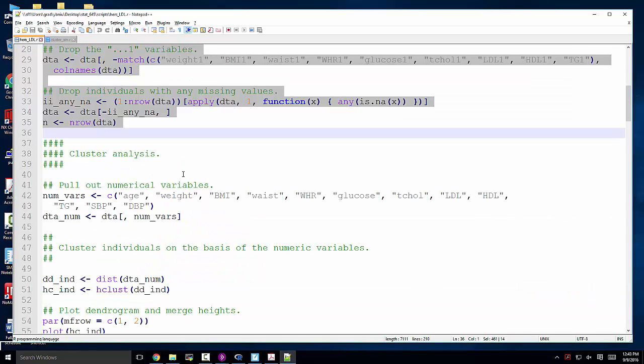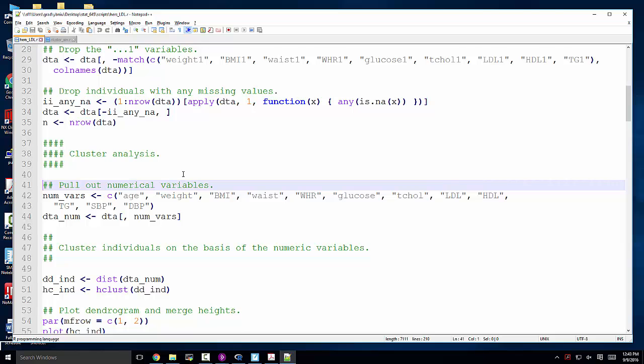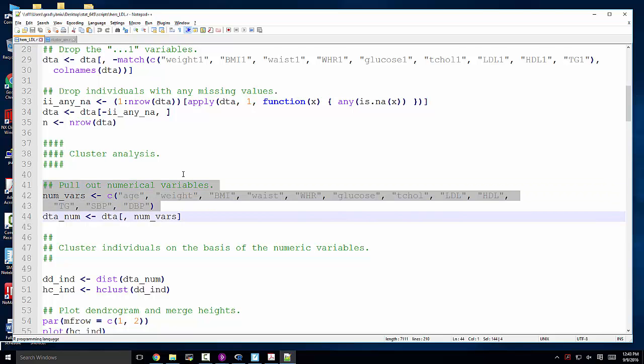Okay, so we did cluster analysis already. Let me just briefly revisit that. Cluster analysis is applicable to numerical variables. It's all about distances. If we're going to cluster, for example, the people together, we're going to do it on the basis of how close they are to other people. Take all their numerical variables and you can compute vector distances between all the individuals.